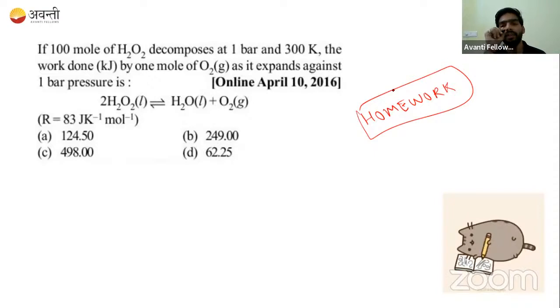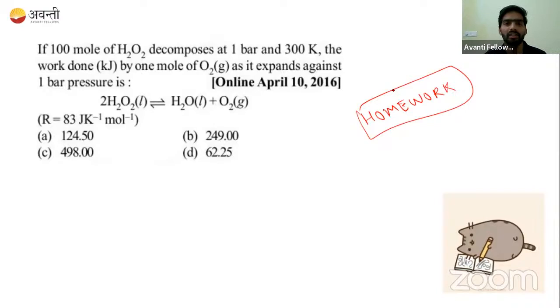So what will be the answer? Minus work done is nothing but minus PV. Instead of minus PV, you can write it as minus nRT. Now just see how many moles of O2 gas you will get. Then the R value is given. Also the temperature value is given. Okay, this is the homework for you.